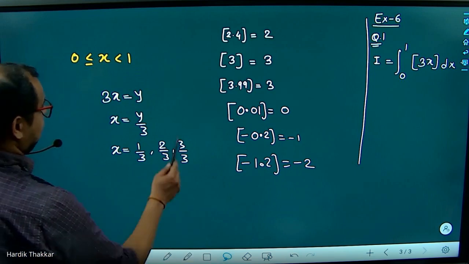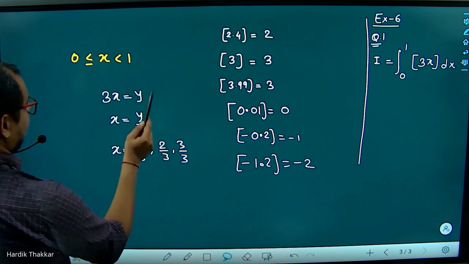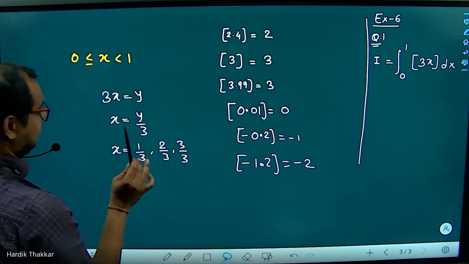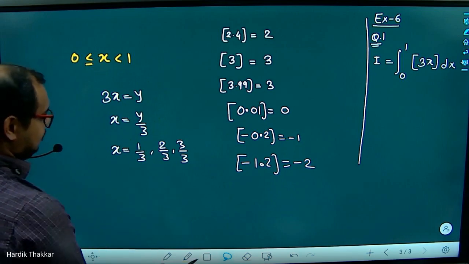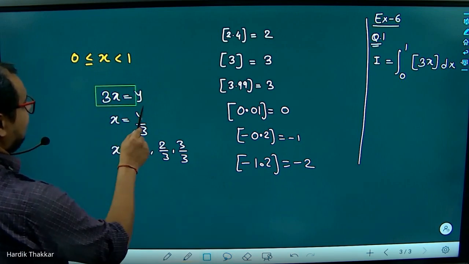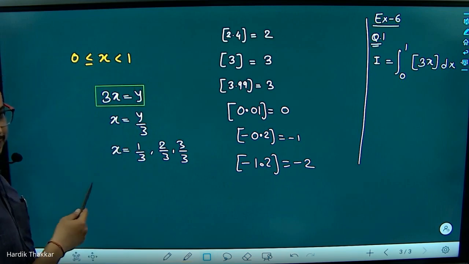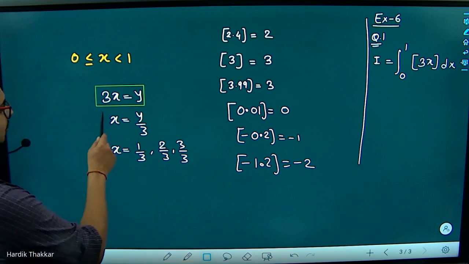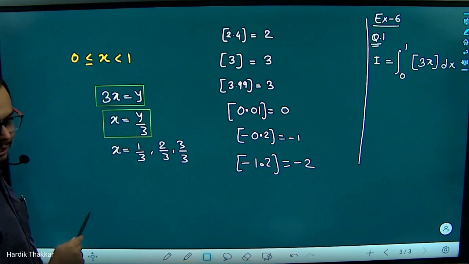How we have to write this particular expression is a little bit tricky. First we write the greatest integer function argument in terms of y: 3x is equal to y, so the value of x will be y by 3.